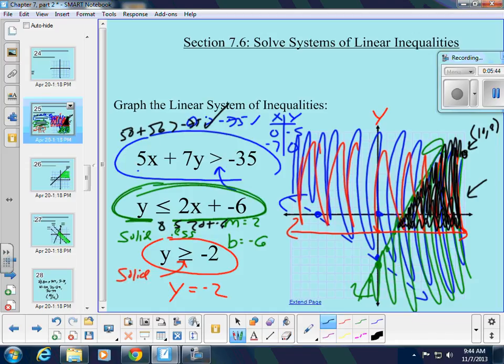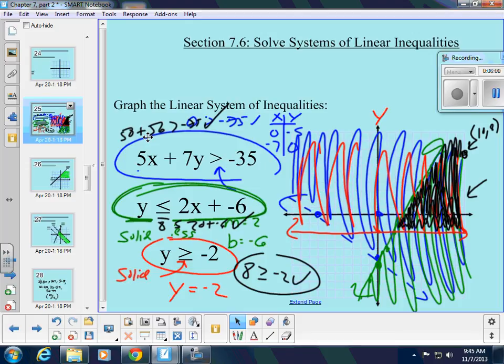I know I'm kind of writing over my other stuff, but just to quickly show that it's going to work, 8 is going to be less than or equal to 14, so it's going to work on that one. And if I just put y in for this one, the y coordinate, 8, yep, is greater than or equal to negative 2. So I kind of explained that in the first lesson as well, but just showing you quickly, yes, since this point works in every inequality, it must be a solution to the system.